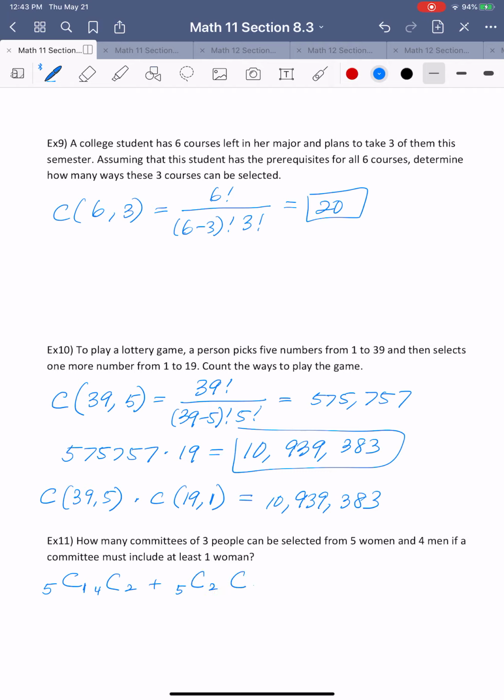Then that means 1 person from the men. And what if he chooses all 3 women, which means none from the men? If you do that, this becomes 5 times 6, 10 times 4, 10 times 1, which is 30 plus 40 plus 10, which equals 80.